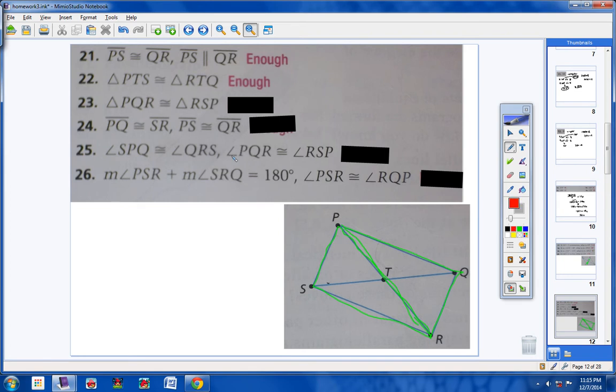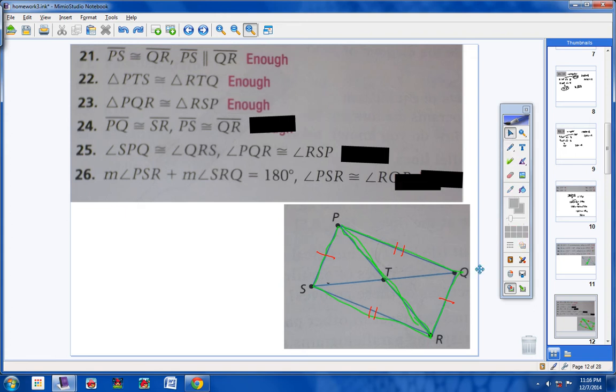I would think that PS is congruent to QR. Yes, PS, QR. And I would think that PQ is congruent to SR. Let's see. PQ, SR. Yep. So guys, we're done. Yes, there's enough information, definitely.